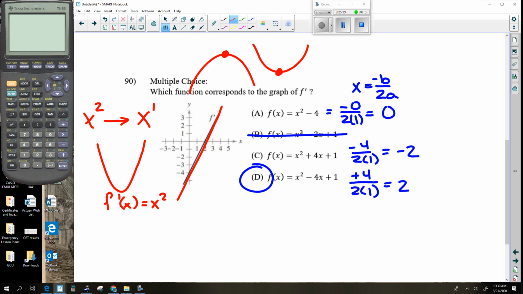If I see a derivative that is a parabola, chances are it came from something with an x to the third. Again, this is a little more advanced than what we're ready for right now. But this has a slope of 0, it's positive to the right of it, and negative to the left of it, and so a parabola fits.